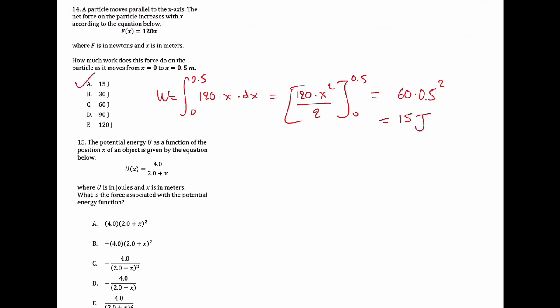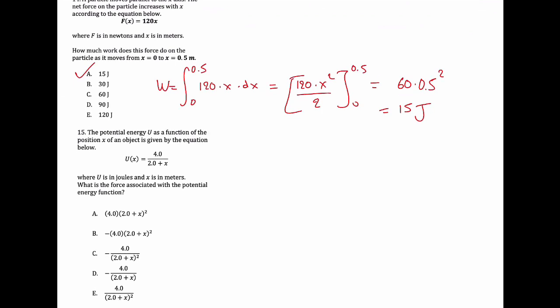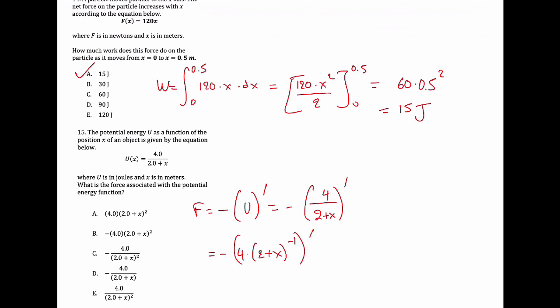And a potential energy that is given as a function of position. We need to find the force that is associated with this. Now we know that the force is equal to the negative derivative of the potential energy, so negative derivative of 4 over 2 plus x. This is minus 4 times (2 plus x) to the power of negative 1, derivative.